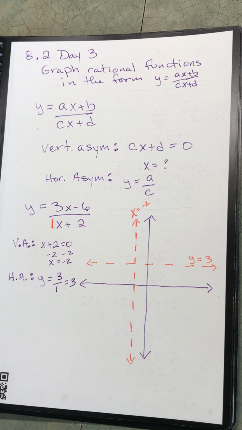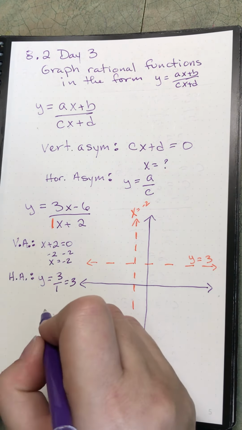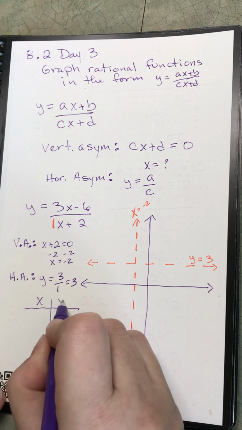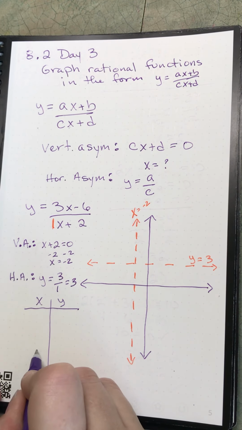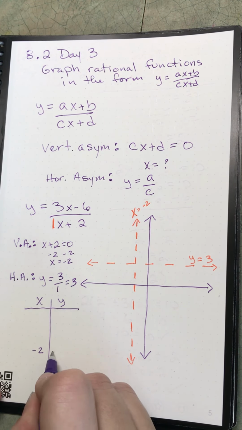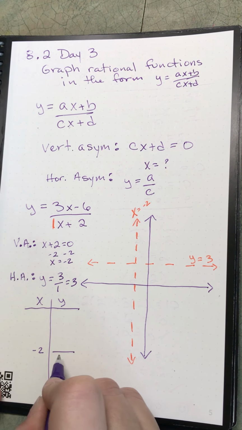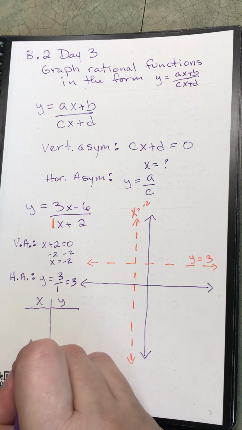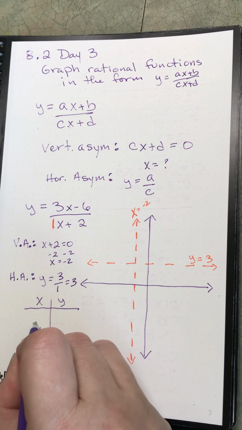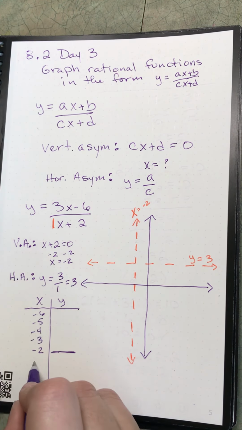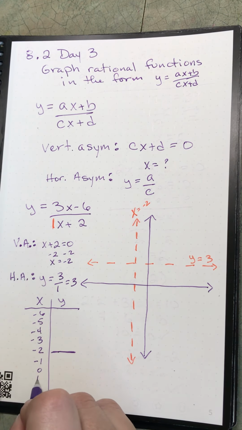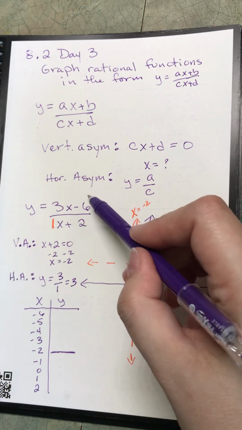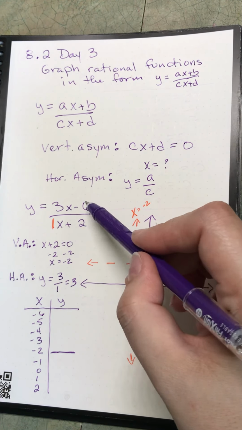And then from there, we can go ahead and make our table again. And just like last time, I'm going to center it around that asymptote, pick some points on either side. Okay, and then I take these points and substitute them in for x in my function up here.